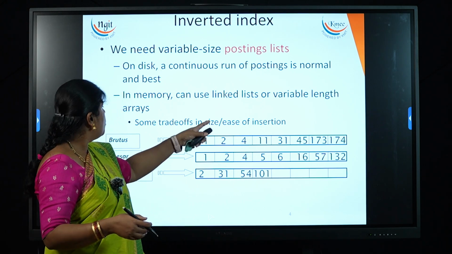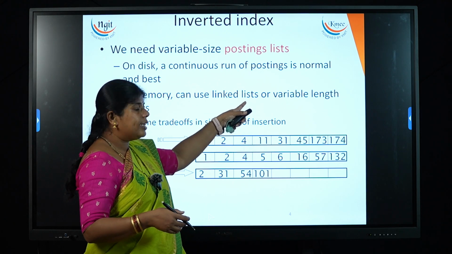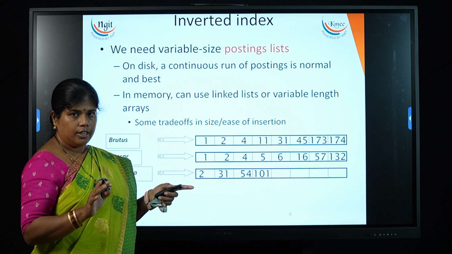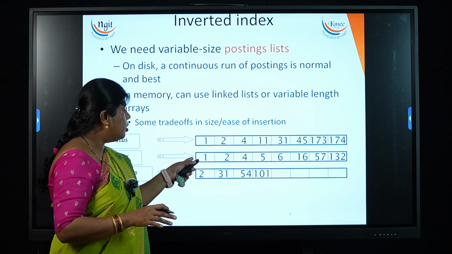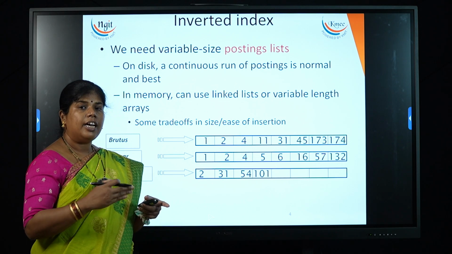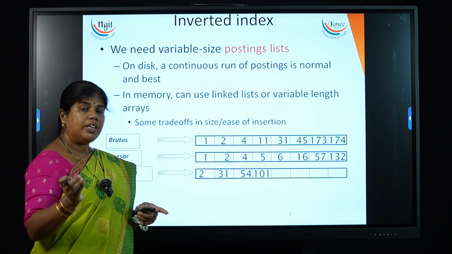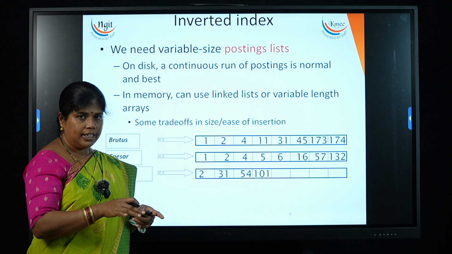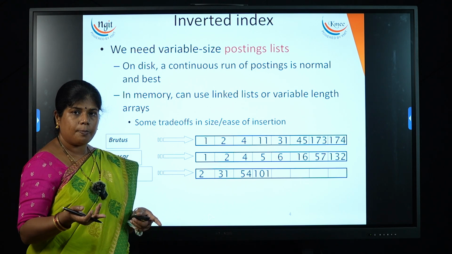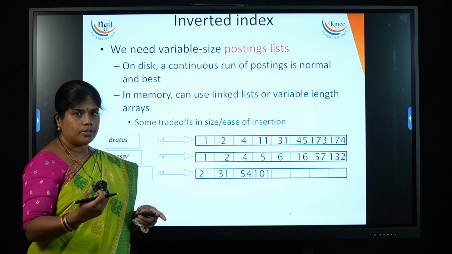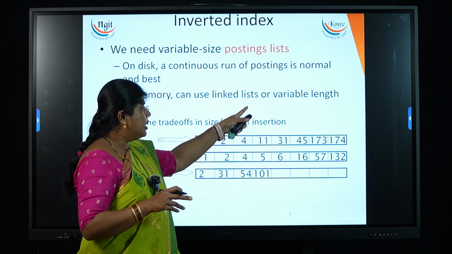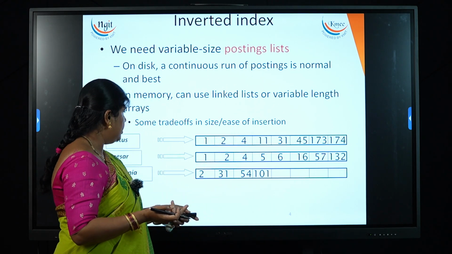That's why the best option is to use either a linked list or a variable length array, because I know that whatever the size of my list, if it is predefined and if it is full, and when I want to add a new document ID to it, it will not work. I will lose that data during the retrieval process. I don't want that loss. That's why use either a linked list or a variable length array.